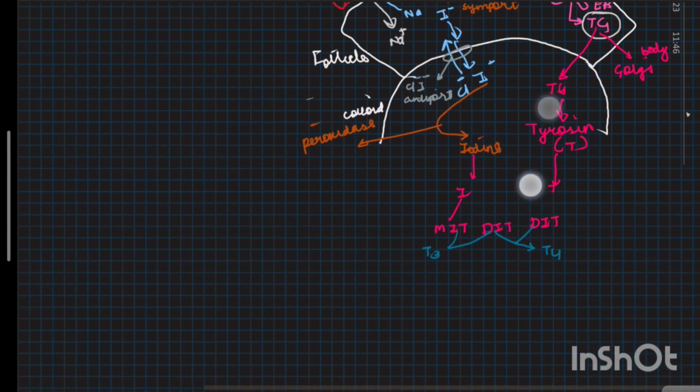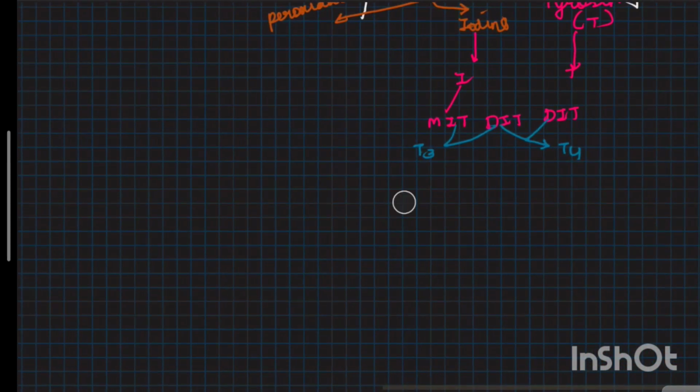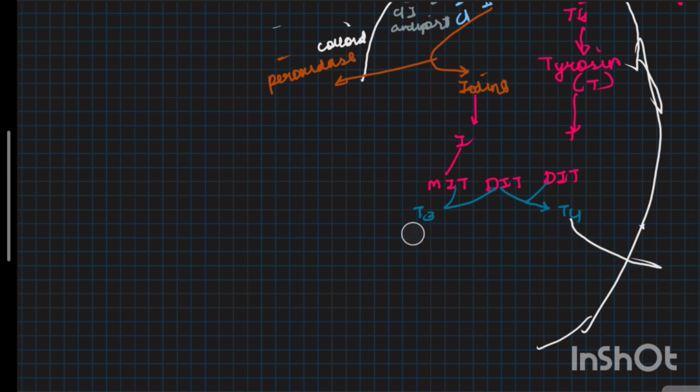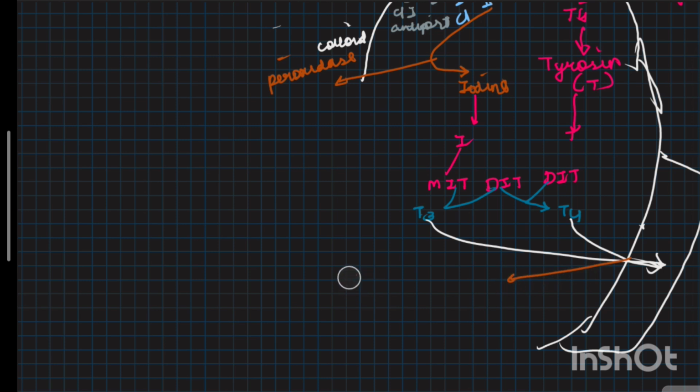Imagine again, this is the extension of colloid. Now T3 and T4 enter the follicular part. This is follicle, and this process occurs due to pinocytosis.